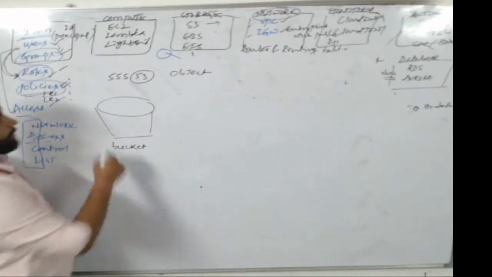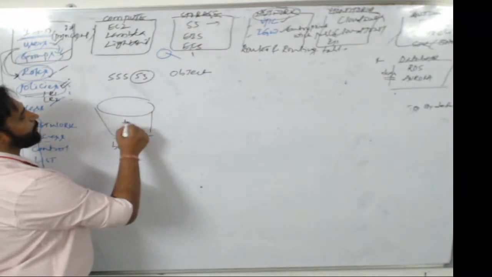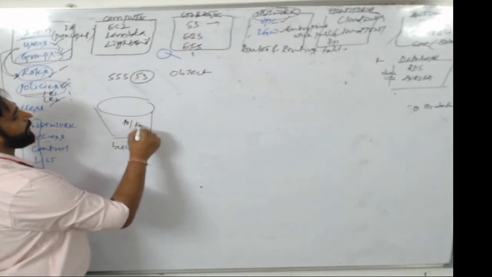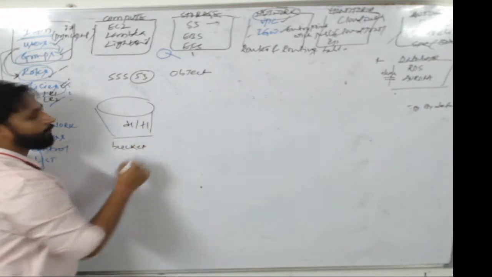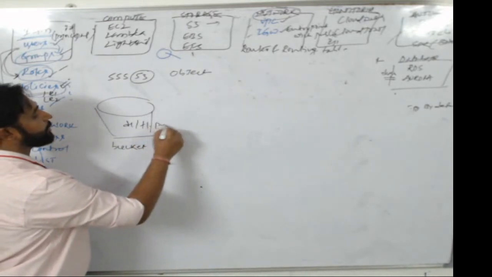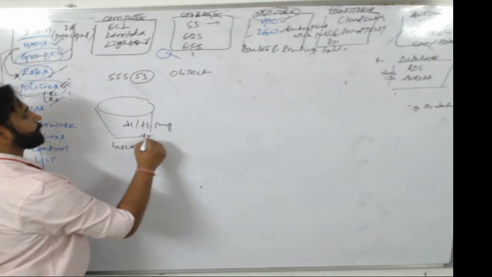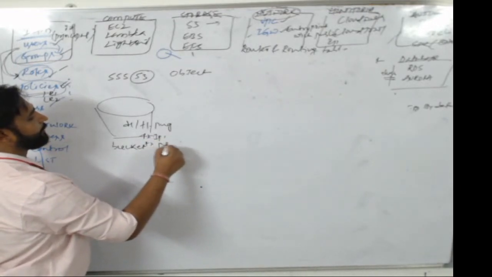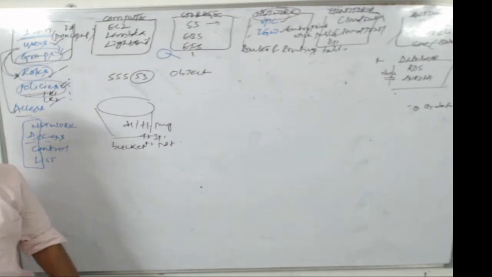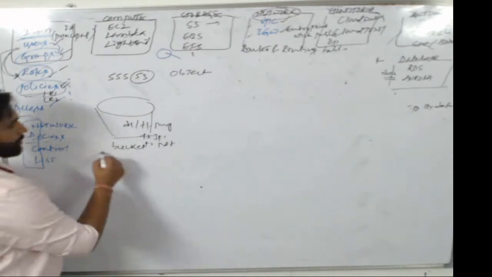So a bucket will have subfolders and then files like this. You can have a D1 and then F1.png, F2.jpg, or F3.pdf. Any file is an object over there. Now these are stored in buckets.